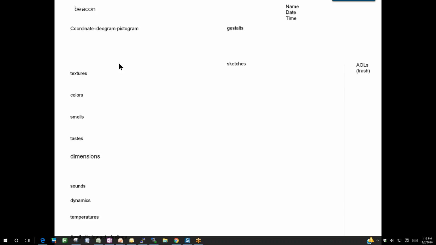It kind of follows the CRV format with a coordinate ideogram, but I'm finding more and more people, including myself, tend to look at this as also potentially being a pictogram.